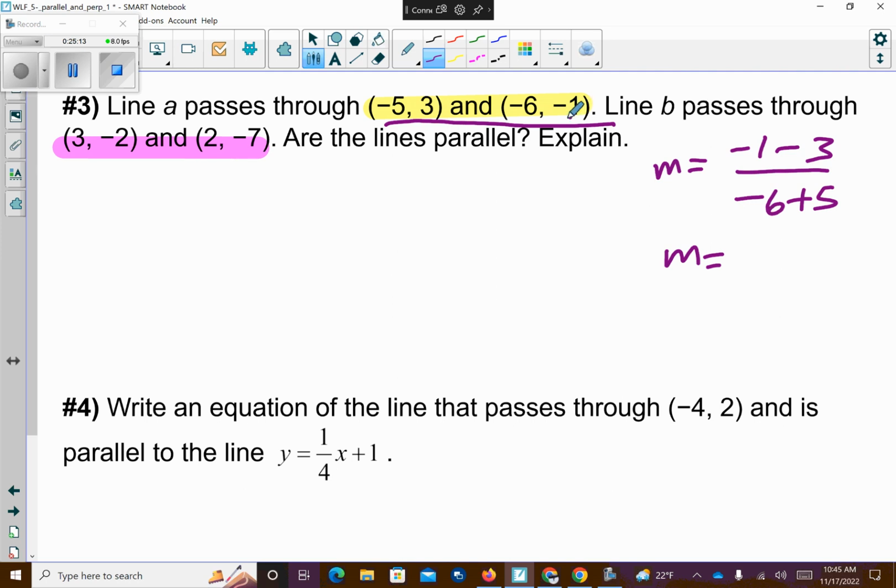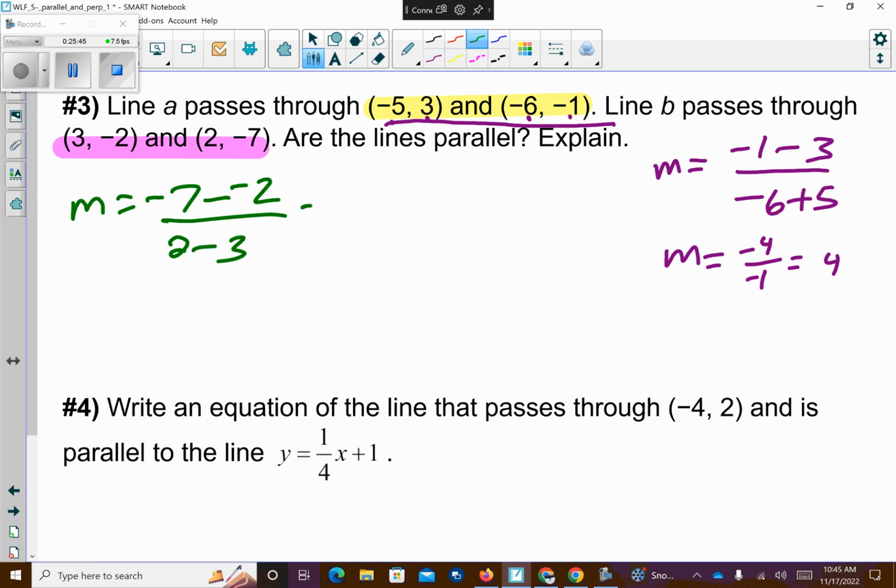Okay. y2 minus y1, x2 minus x1, got it. Negative 1 minus 3 is negative 4. So the yellow has a slope of 4. Do the same one here. Find the slope: negative 7 minus negative 2, over 2 minus 3.